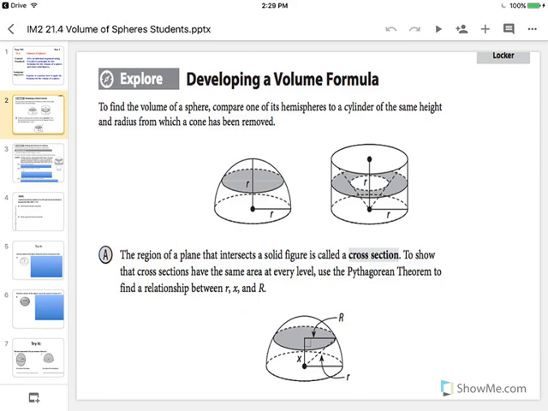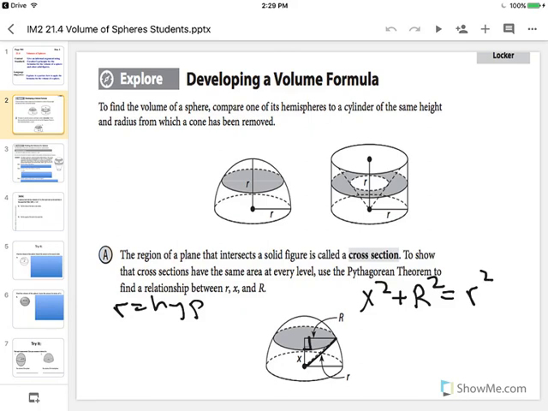So here we can see that they form a right angle, and that's the radius R. Then the Pythagorean Theorem says that R is your hypotenuse, so it's x squared plus capital R squared equal to the radius squared.